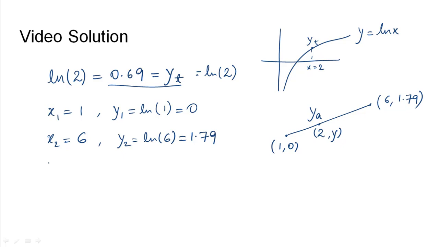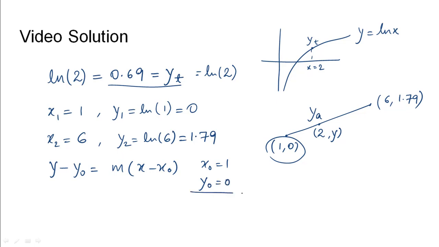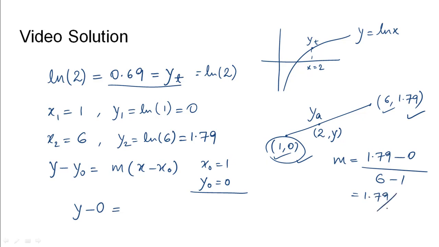So using the equation of a straight line, we can get ya. Let us take this point as our base point. So y minus y naught will be m times x minus x naught. Here x naught is 1 and y naught is 0, as we have taken that as our base point. So y minus 0, the slope will be the difference of y coordinates, that is 1.79 minus 0, divided by the difference of x coordinates, that is 6 minus 1, that would be 1.79 over 5, which will be around 0.358.